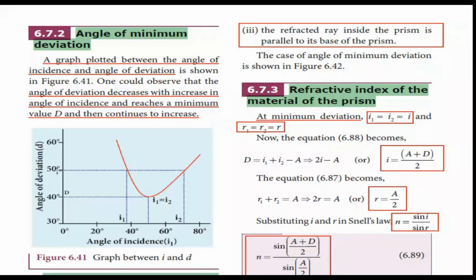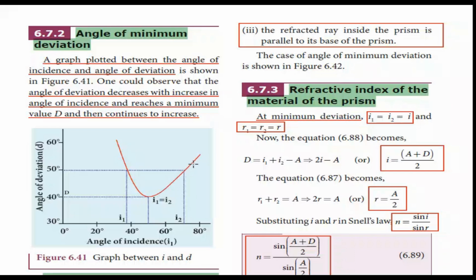From this graph, you can see that as the angle of incidence increases, at first angle of deviation decreases. At one point of angle of incidence, the angle of deviation is minimum, and as the angle of incidence is further increased, angle of deviation increases.